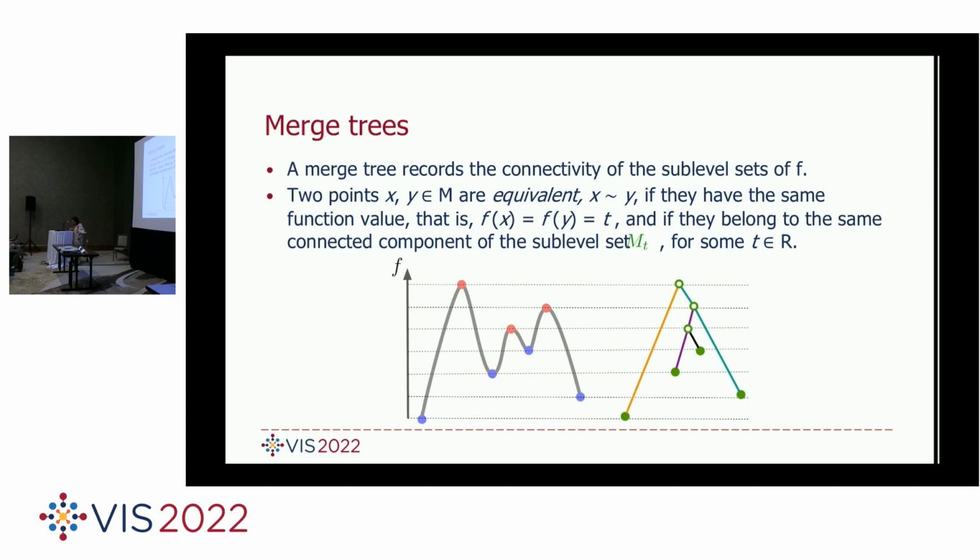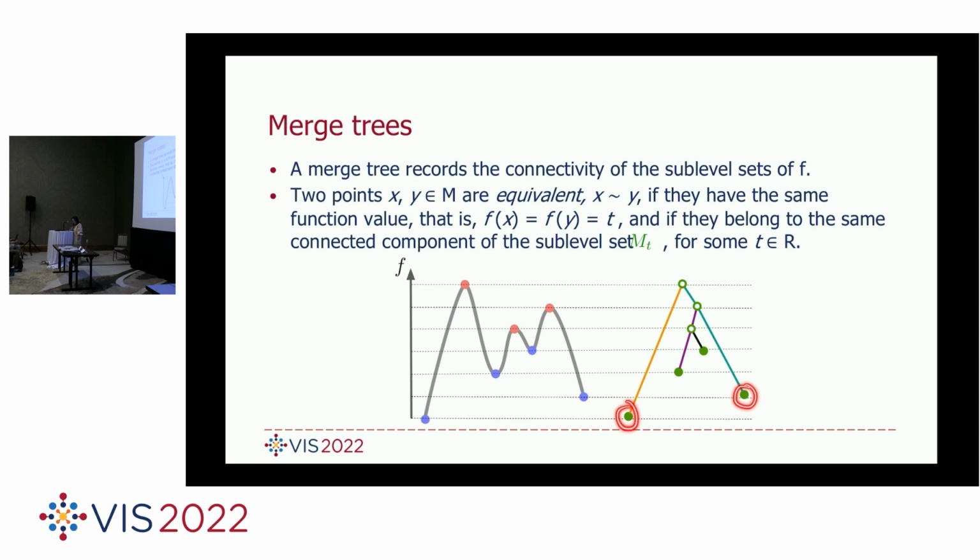In the merge tree, the leaves are the local minimum. And I'm capturing the connectivity between the sublevel sets. So as you increase the threshold, you're looking at how the level sets of the function are merged into one another, and that gives you what's called a merge tree.